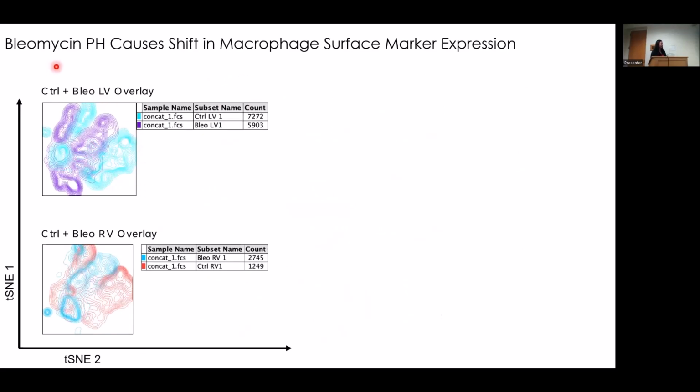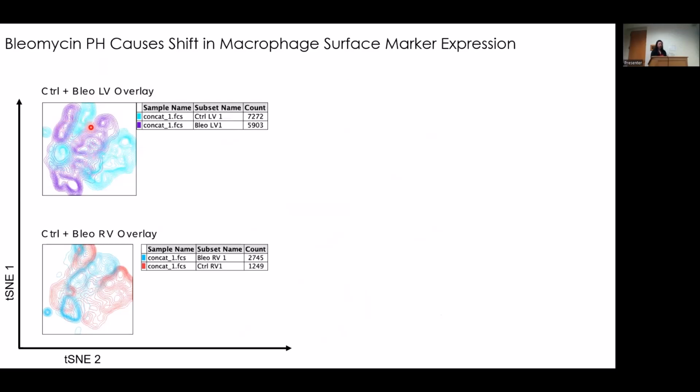Here is the bleomycin PH overlaid on the control conditions. The purple is the bleomycin PH mice, and the blue is the control mice.